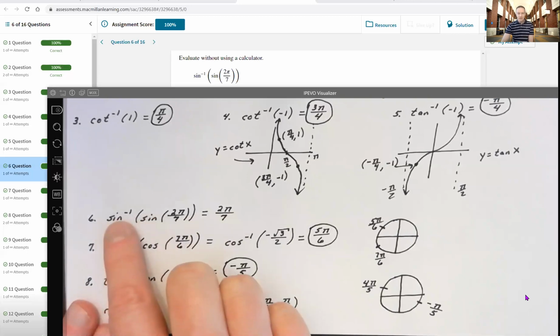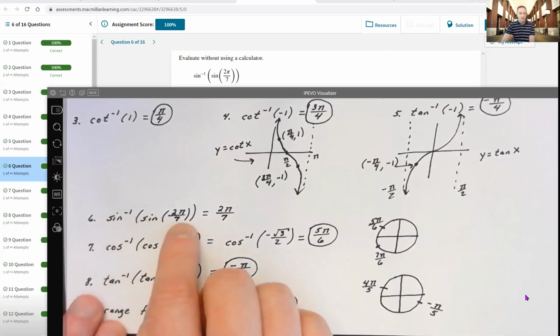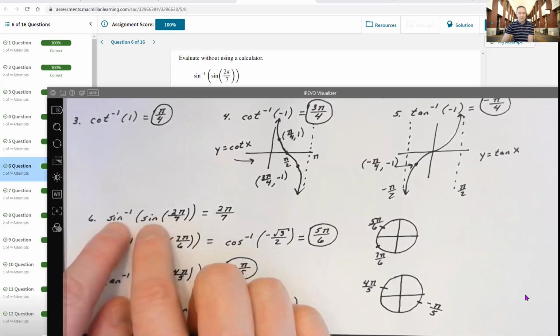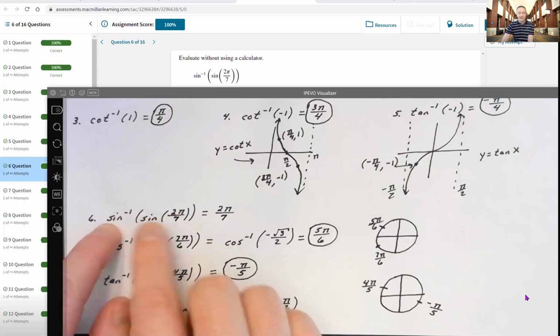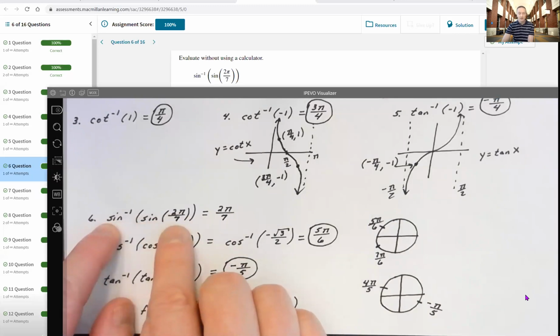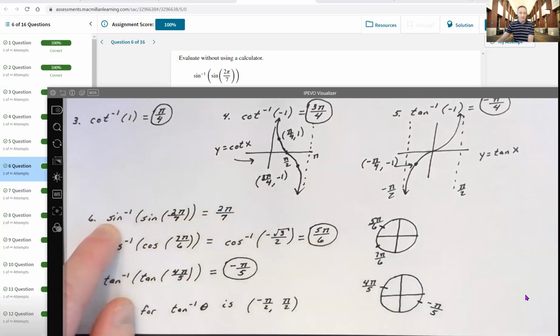The inverse trig of a trig function don't always cancel each other out because of domain and range restrictions. In this case, that answer could be the answer as long as it's any angle between -pi/2 and pi/2. 2pi/7 is less than pi/2, thus it's within that range, so I can say, yep, that is my answer. In this case, they just canceled one another out, final answer.